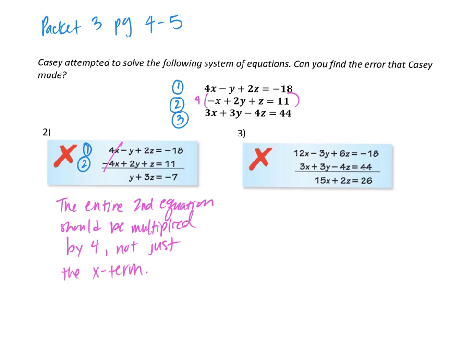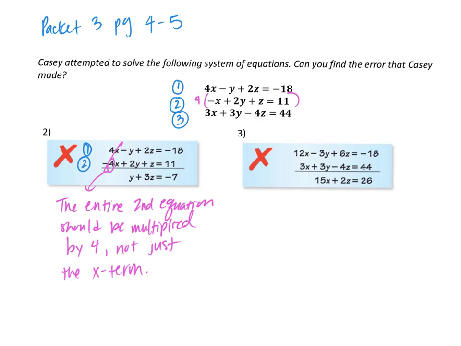So he only multiplied it to the x, but he should have multiplied it to everything in that equation, the entire equation. So that's kind of what I've put out as my explanation. So all you've got to do is really, I would say, identify where the mistake is. So I'm just going to circle where that mistake was and explain why.